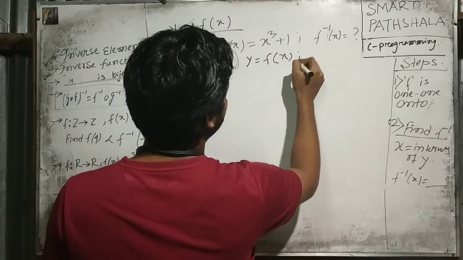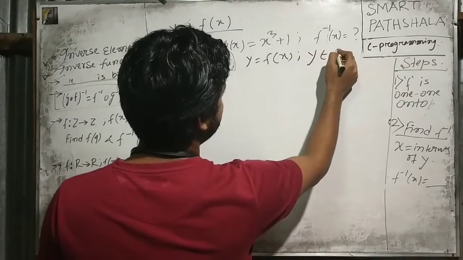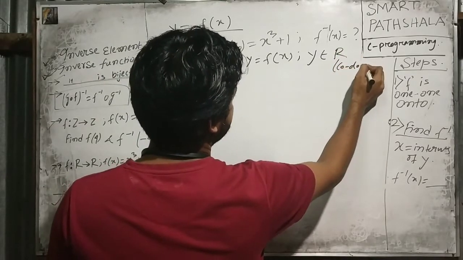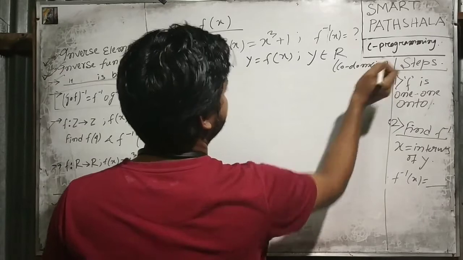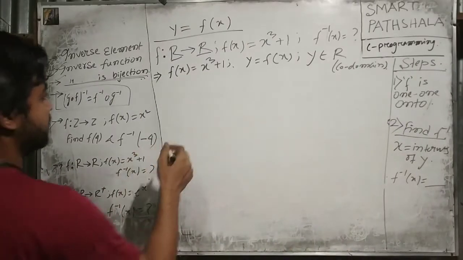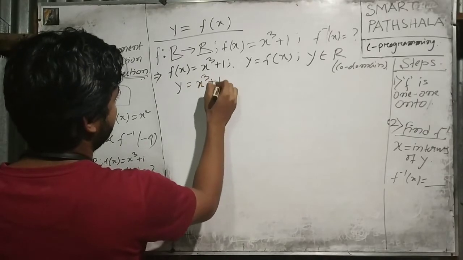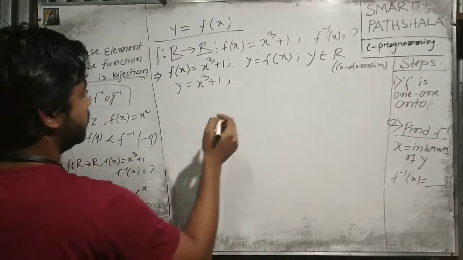Now you should mention here that y belongs to R, and in bracket you should write that this y belongs to the codomain R, not the previous one, right? So we can write that y is equal to x cubed plus 1.